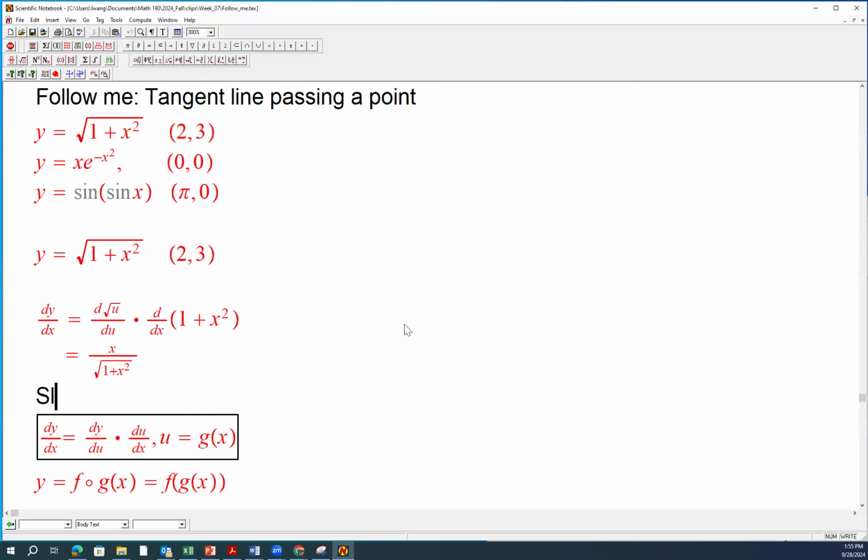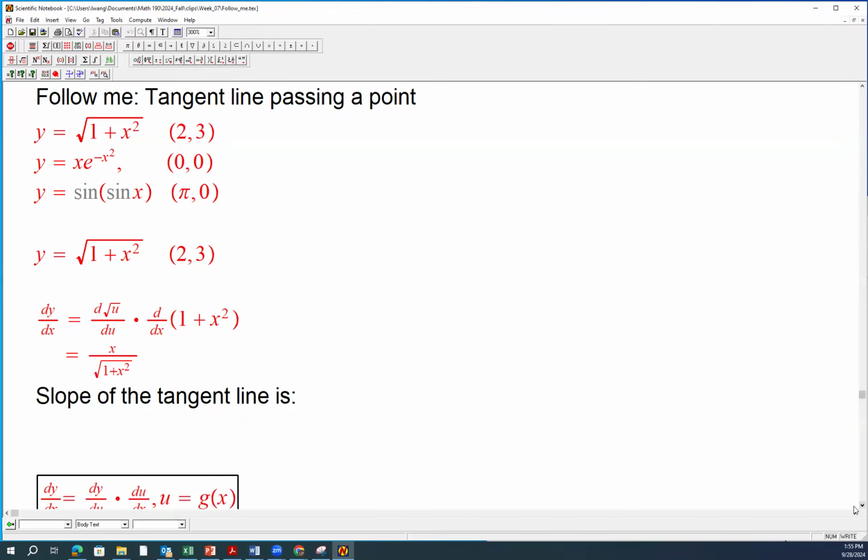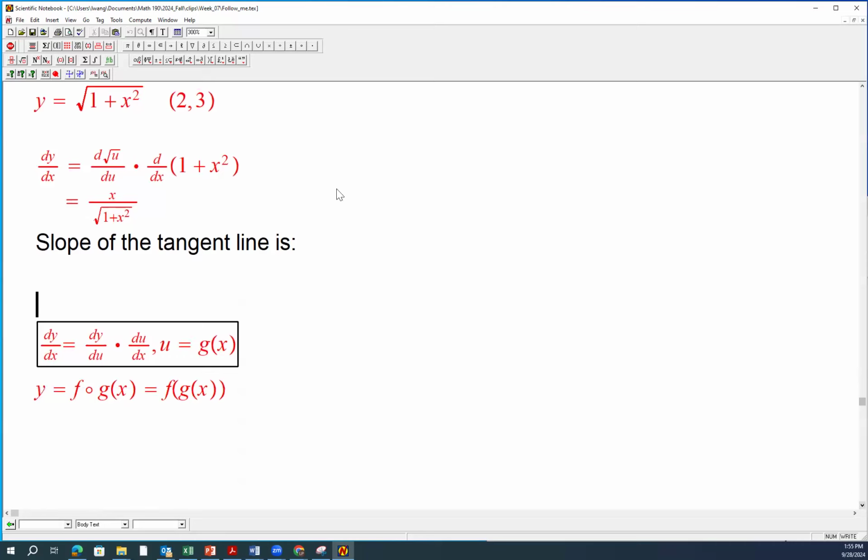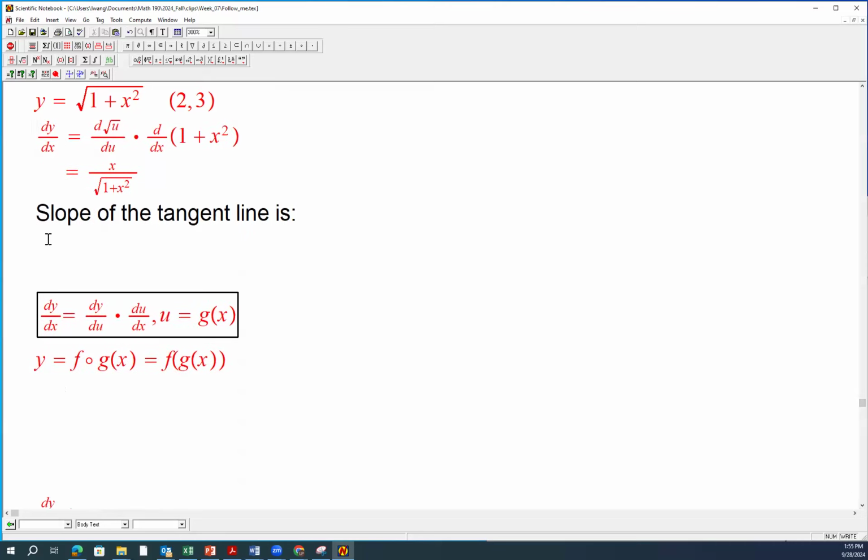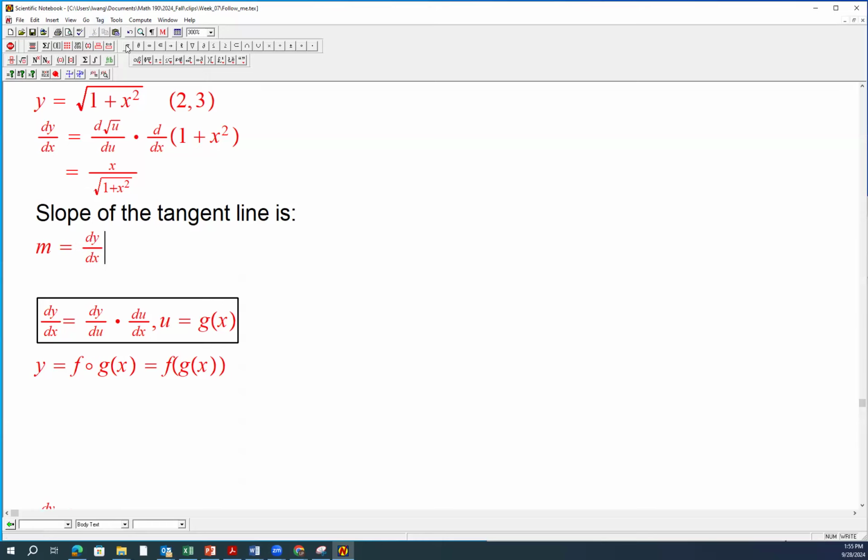Then we can say the slope of the tangent line, which we call m, equals the derivative evaluated at x equals 2, because this is the point that's given.